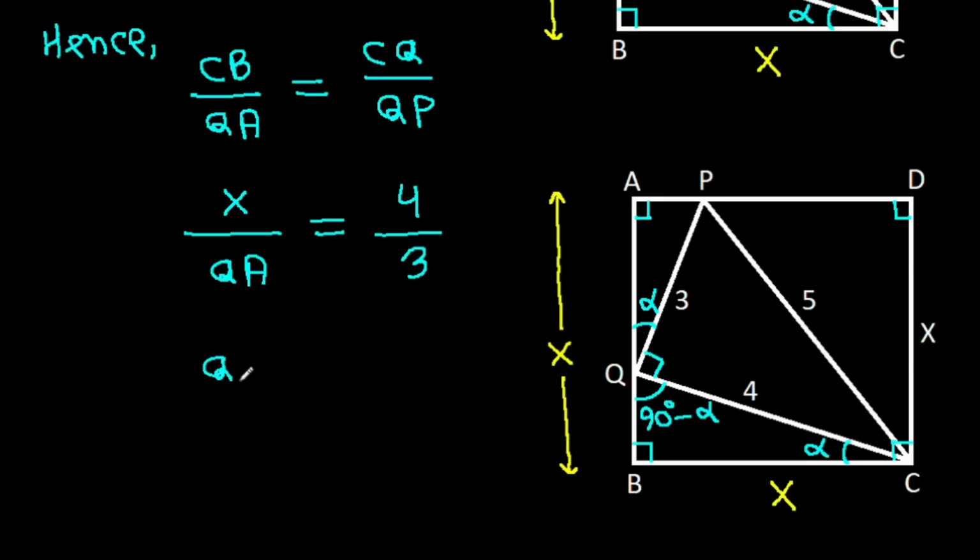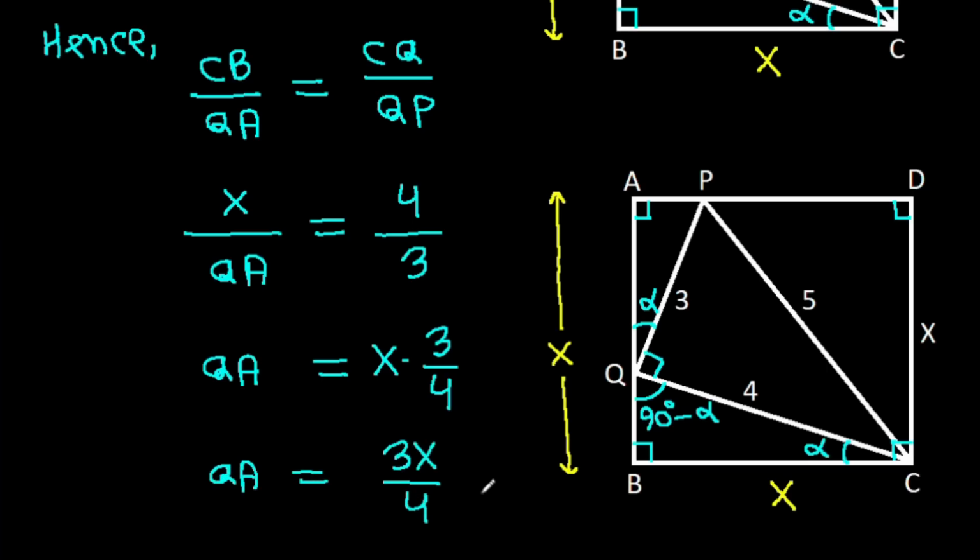So QA will be X times 3 over 4. So QA will be 3x over 4.